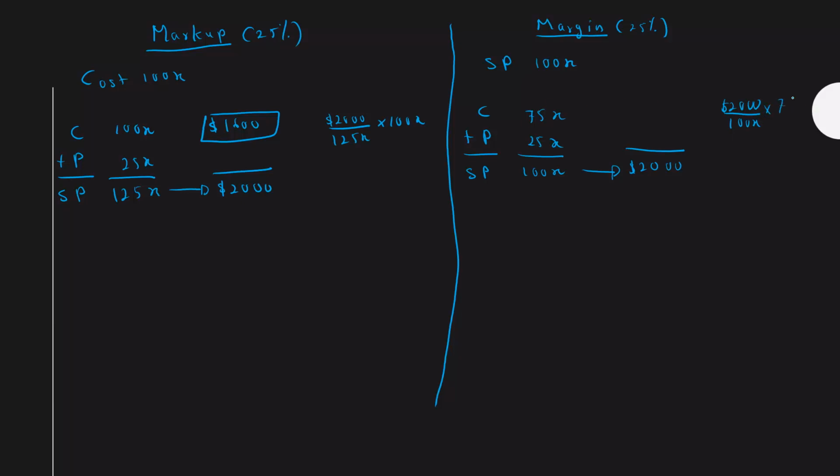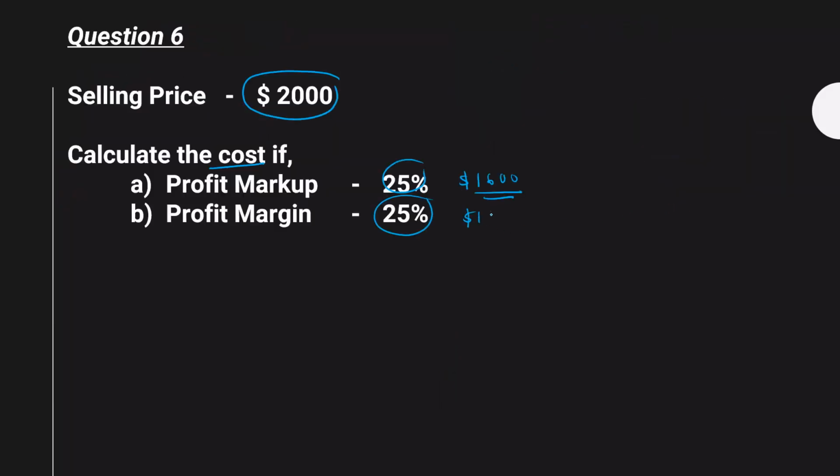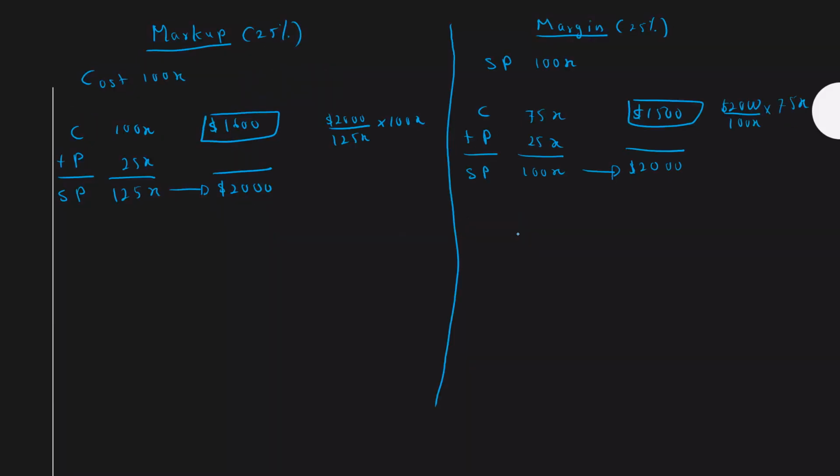Likewise, how much is 75x? That's what I want to find. So 2000 divided by 100 into 75, I am getting a value of $1,500. So according to the margin method, the cost of the product is $1,500. So this is how you want to do a calculation according to markup and margin.